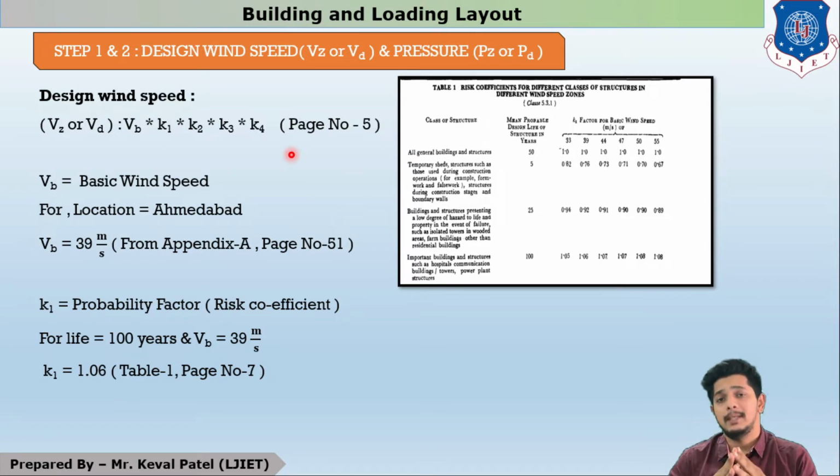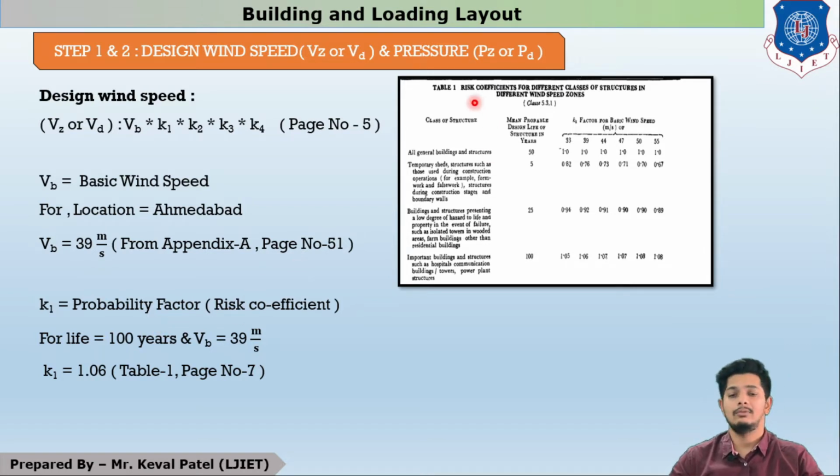Now for VB, we will find out VB in appendix A, page number 51. There is a table given for all the popular locations, popular cities. The basic wind speed is given, and according to that, Ahmedabad is having VB as 39 meter per second. K1 is probability factor, risk coefficient.